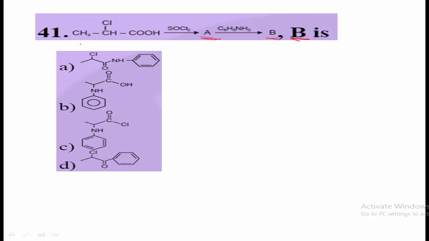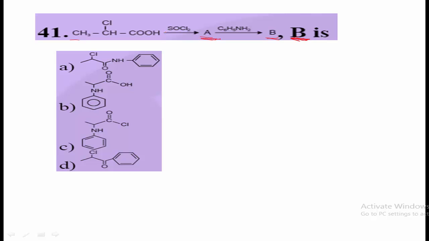The 41st question. Find the products A and B. In this question you need to find B, but to find B, you should know A. So what is the reaction? CH3COOH is a carboxylic acid.